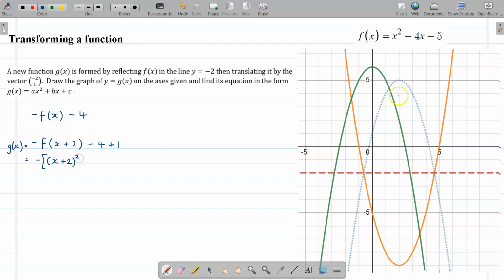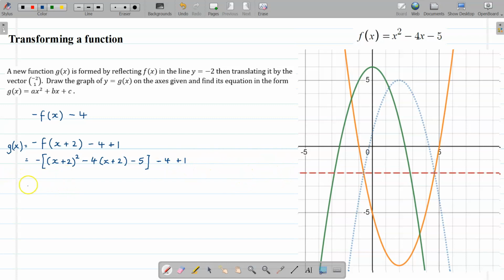Instead of just x squared, it's going to be minus 4 lots of x plus 2, and it's also going to be minus 5. So that's the f of x plus 2 bit, and it's the negative of all of that in the bracket. But then from that I've got to take away 4, and I've got to add the 1.